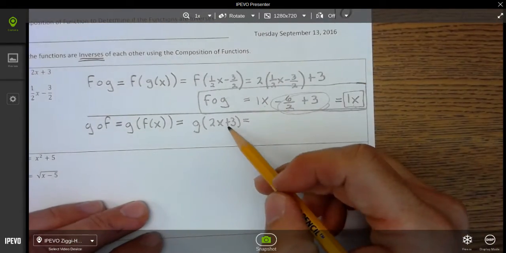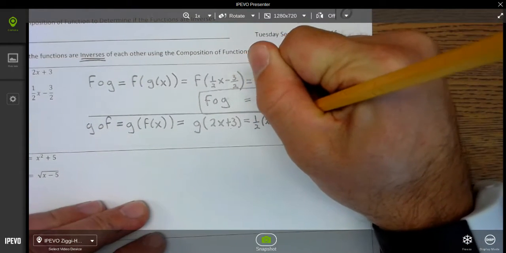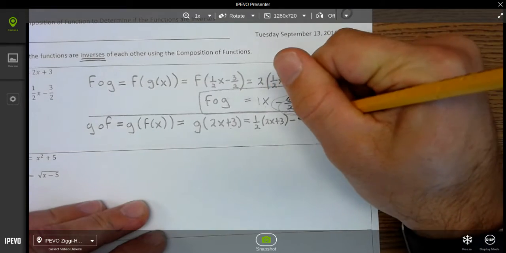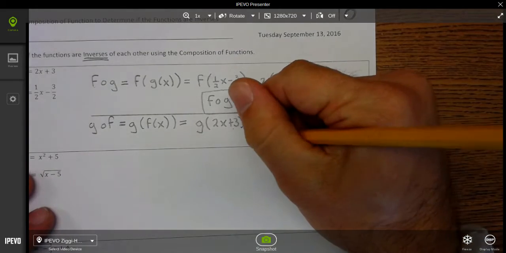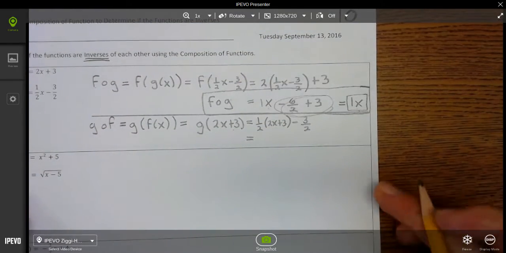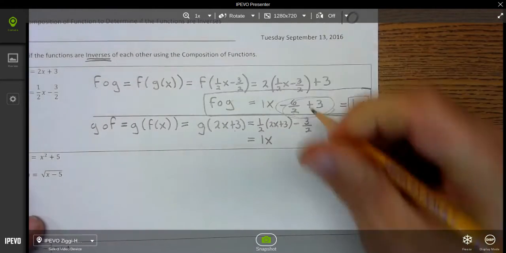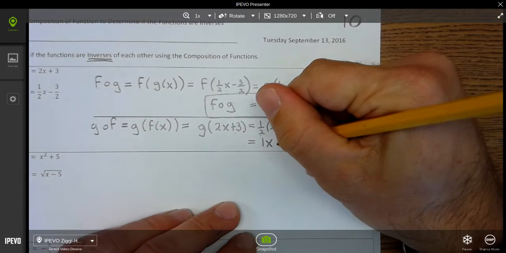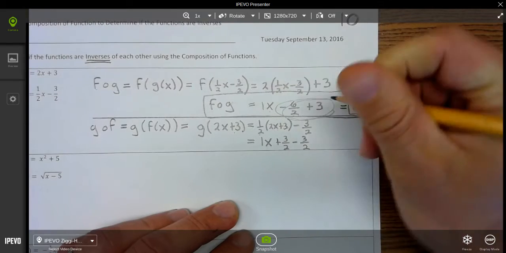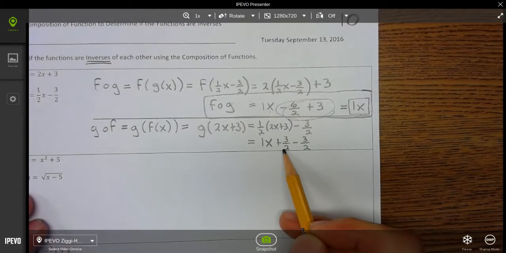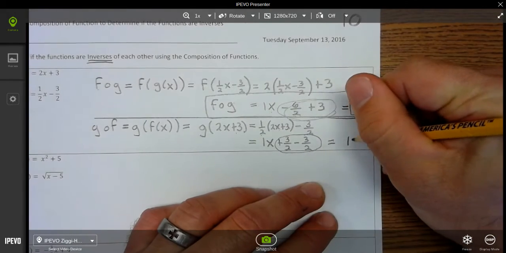So then we're plugging in this for g of x. So that's 1/2 times 2x plus 3, minus 3 divided by 2. Okay, so we distribute. 1/2 times 2x is 1x. 1/2 times 3 is plus 3 divided by 2, minus 3 divided by 2. I'm hoping you see that 3 divided by 2 minus 3 divided by 2 is 0, and your result is 1x.